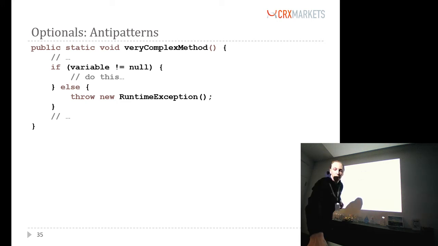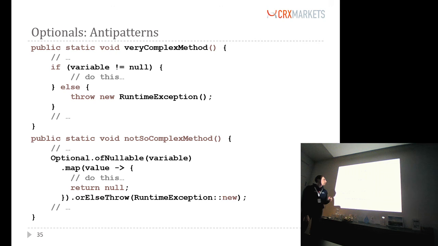For example, like this. We say Optional of nullable, this variable. Then we say map and do something with this variable. And if there's no value, then we just throw an exception. So Sonar looks at this method and sees, okay, cyclomatic complexity is reduced. Probably we did some good thing here.